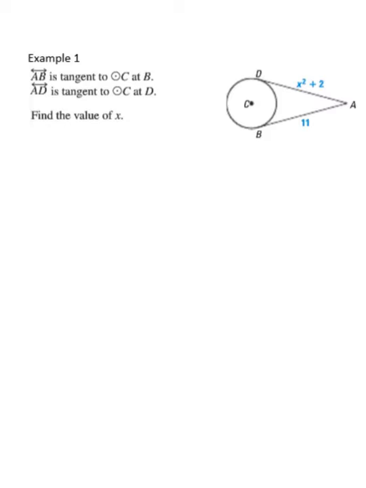Let's do an example. All right, so AB is tangent to circle C at B. That means that B is my point of tangency, and AD is tangent to C at D, so D is also my point of tangency. Now this is where we get good. We mark that they're both congruent. So I'm going to say that DA is equal to BA.